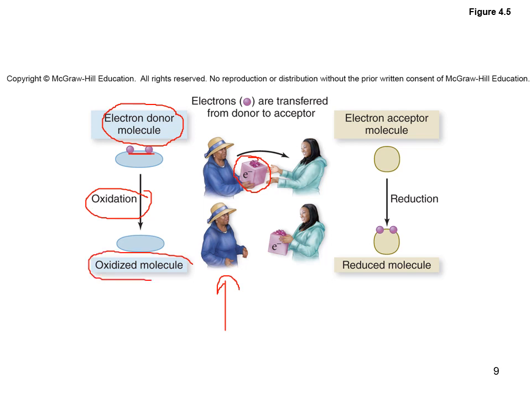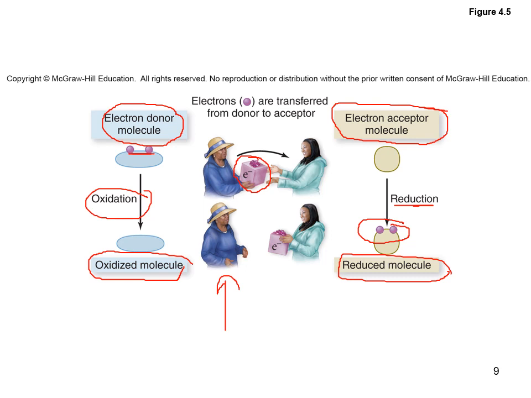The molecule that stays behind has been oxidized. Now these electrons need to find a new home, so the gift will be moved over to the electron acceptor, who will now house these two electrons. So we can say that this is the reduction, and this would be a reduced molecule.